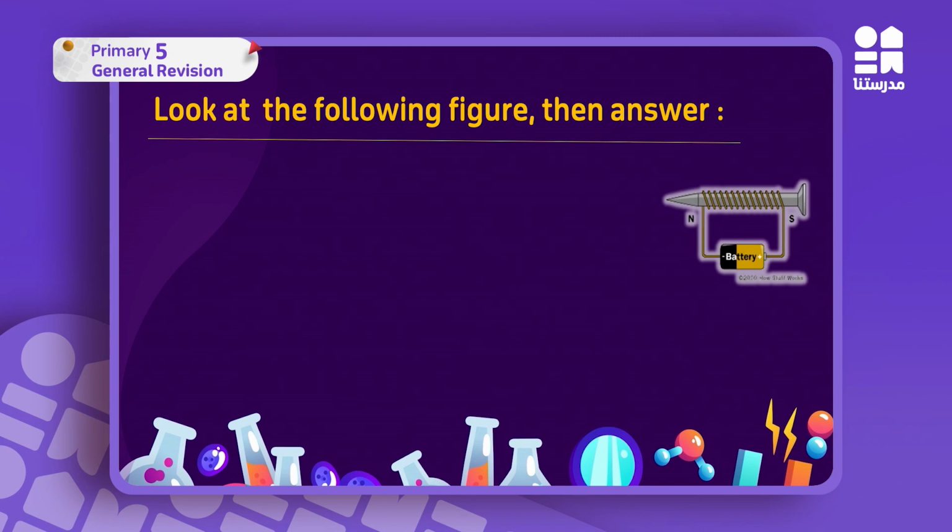Another question, look at the following figure, then answer. We have a picture or a figure for something. We call this electromagnet. Yes, perfect. The electromagnet consists of a battery, electric wire, and iron or soft iron or wrought iron.